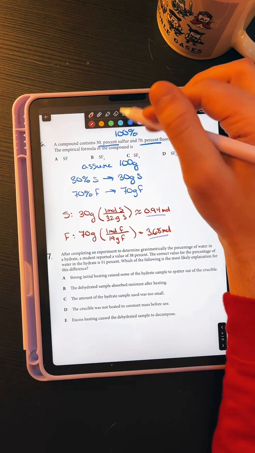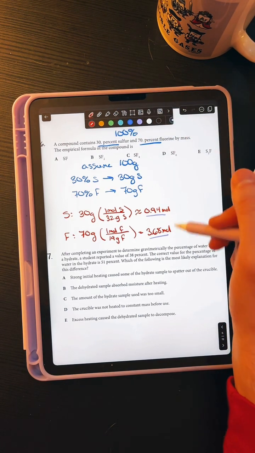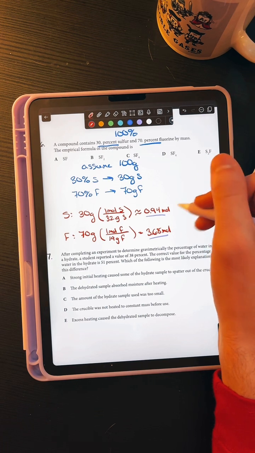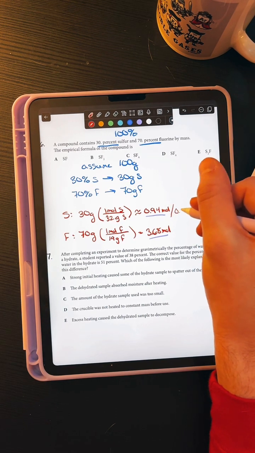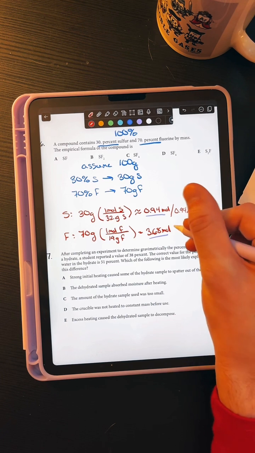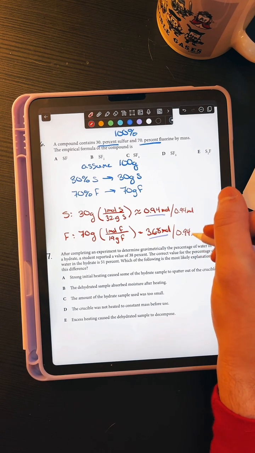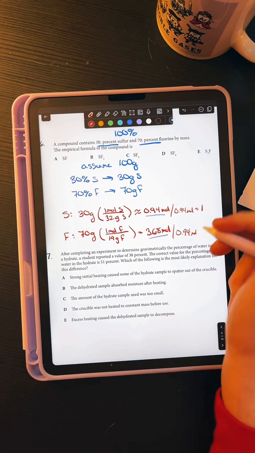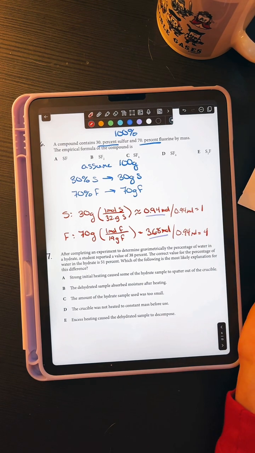Perfect. So now that we have this, we're going to divide by the least number, which is 0.94. So we'll divide by 0.94 moles, and that equals 1 and about 4.